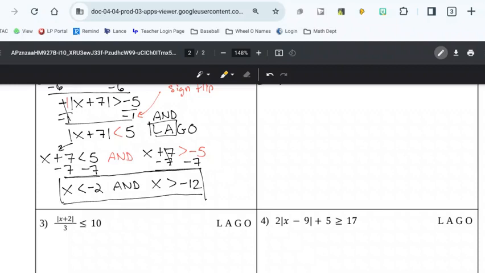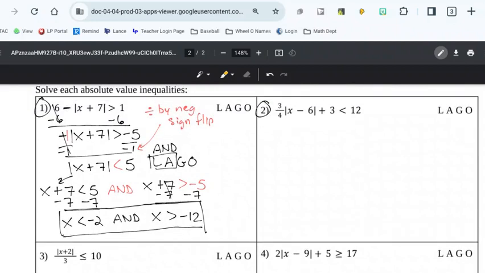Okay, so let's go ahead and take a look at example number 2. Again, ask yourself, is the absolute value isolated? The answer is no. We need to subtract 3 from both sides. And then we are left with 3/4 times the absolute value of x minus 6 is less than 9.